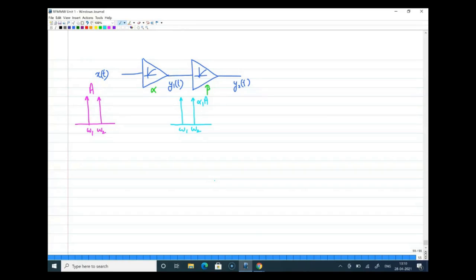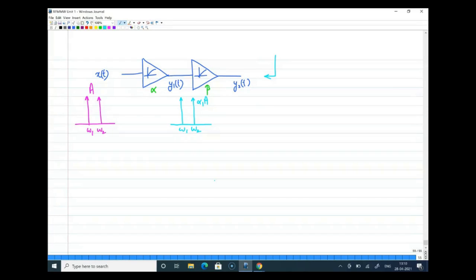Now we are looking at the first order and third order terms at the final output, not at y1 of t. The components which produce first order and third order terms at the final output y2 of t need not be the same first order and third order terms at y1 of t.